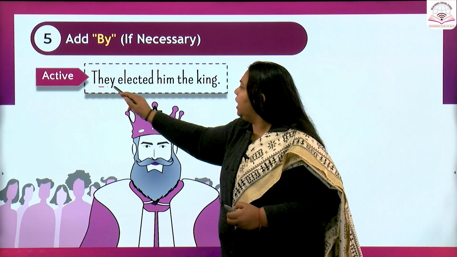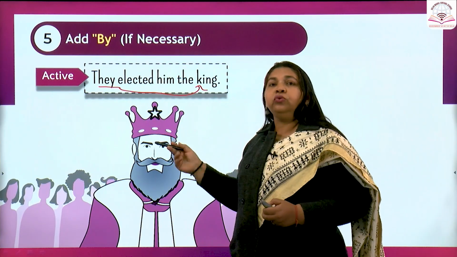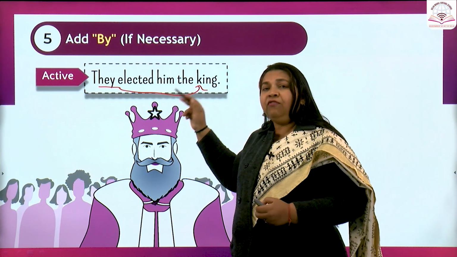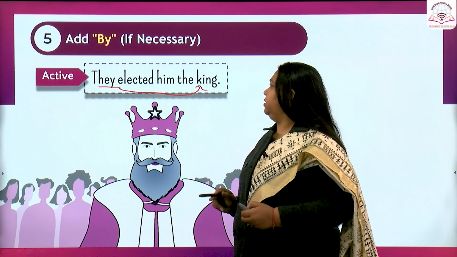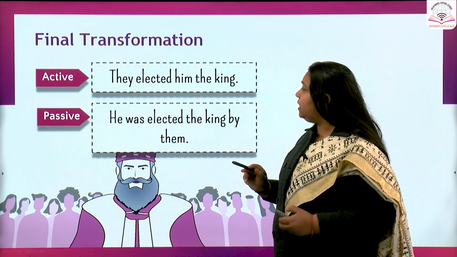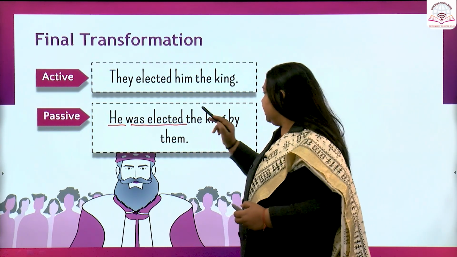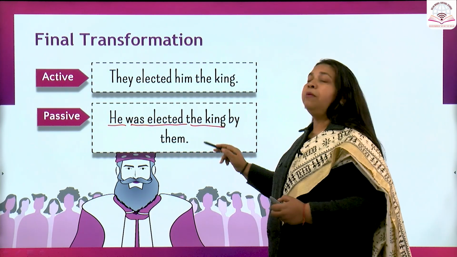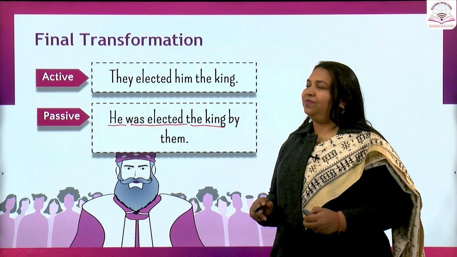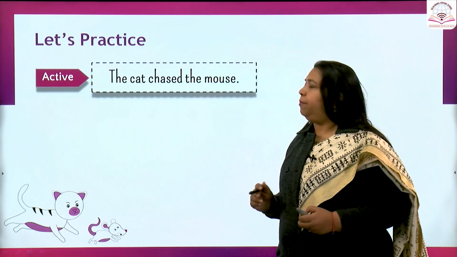So when they comes here, it will automatically get changed to them, and by will be added before it. Now the final transformed sentence will be he was elected the king by them. Now let's practice it with a few more examples.